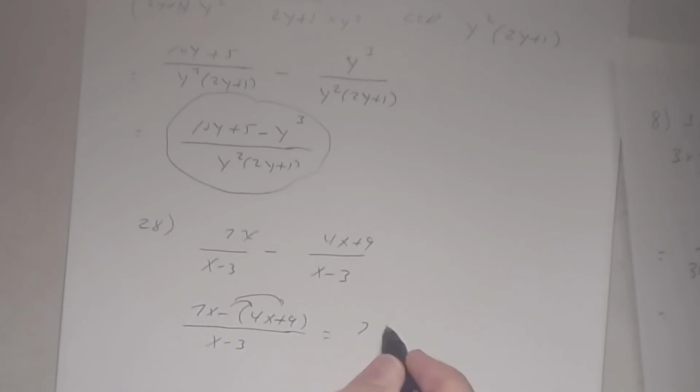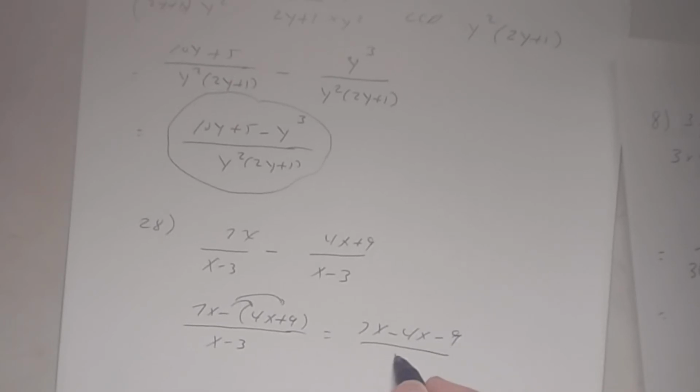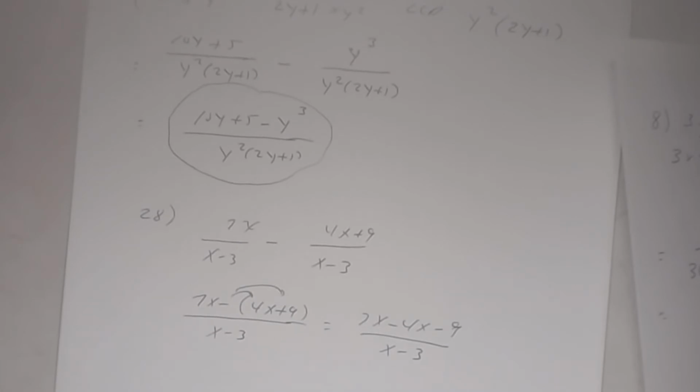So this becomes 7x minus 4x and then what? Minus 9, divided by x minus 3. See, that's 7.3 right here. It's still in 7.4, but it's really 7.3. Come on, guys, what are you going to do with the numerator? You're going to combine like terms. So 7x minus 4x is 3x.